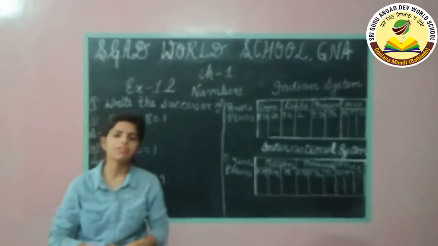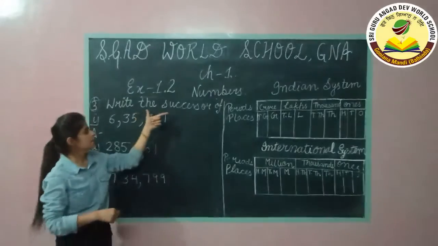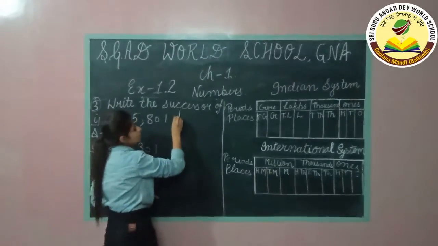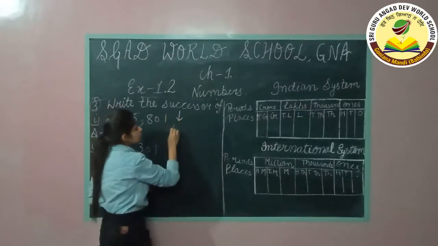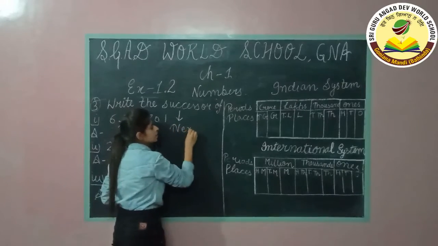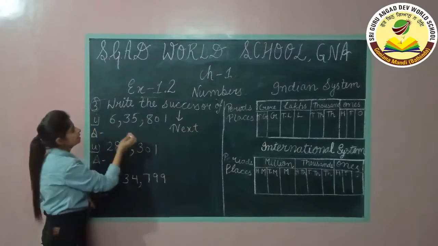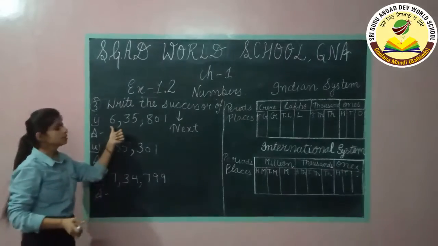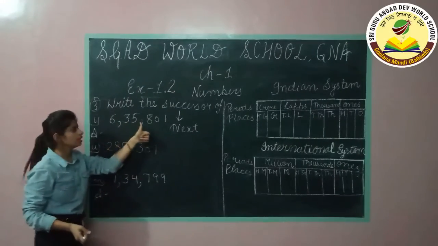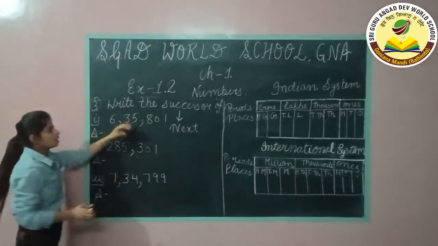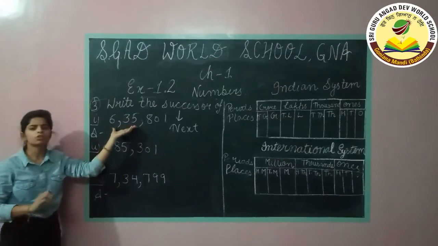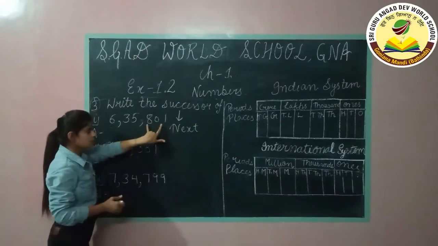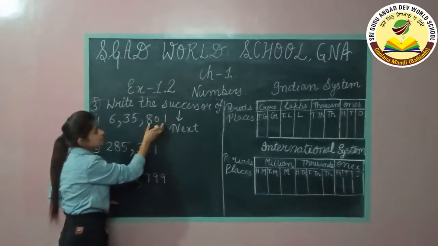635,801. In the previous class, we studied that successor means we come up to the next level. So we write the next number of 6,35,801. In the last period, 801.